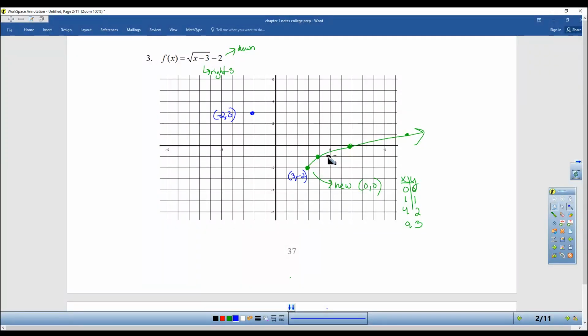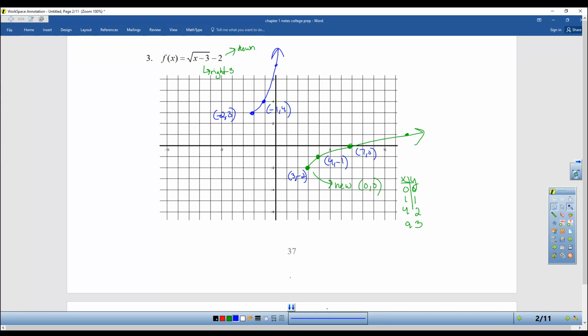I was just doing it for your notes. This is the point 4, -1. So now I need to do -1, 4. And I can already see that this one I'm not going to be able to do. This is going to be the point 7, 0. So I would need 0, 7. But you get the point.